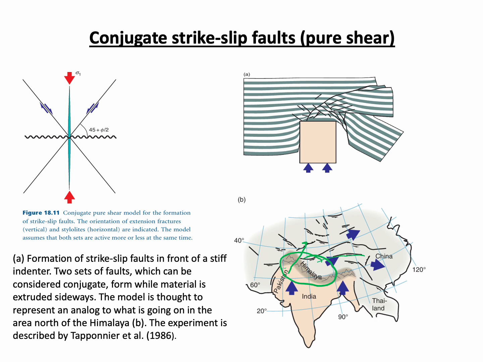Some material is extruded away to the northeastern side. This experiment was described by Tapponnier in 1986, and it basically developed two conjugate faults. As you see in this diagram, this is basically a block which moves to the north, and when it collides, some material is extruded away from this side and develops basically two types of conjugate faults.